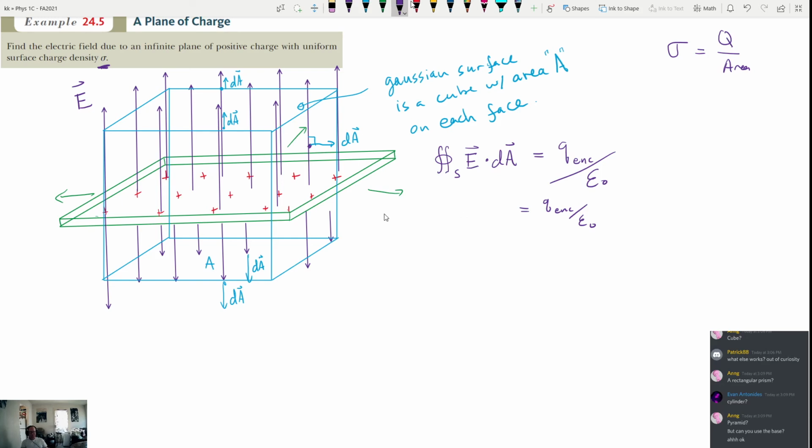So really what we need to do to solve this problem is find the flux through the left face plus the flux through the right face plus the flux through the top plus the flux through the bottom, plus the flux through what's left, front and back.